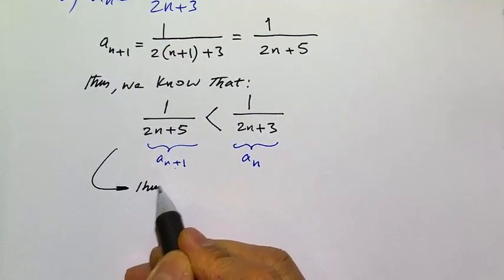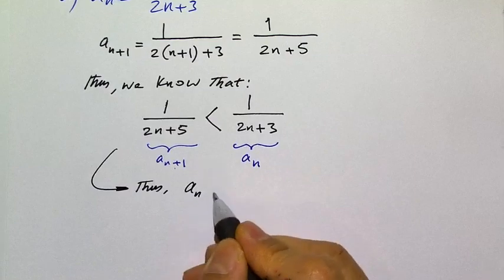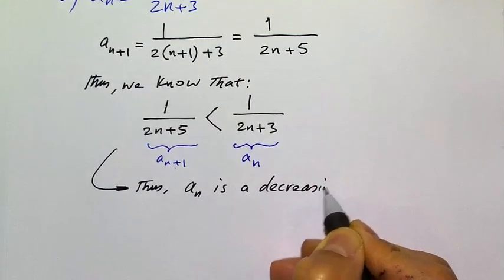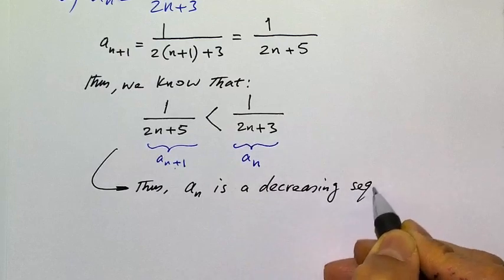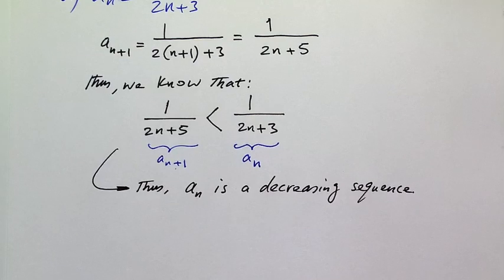Thus, a sub n is a decreasing sequence in this case. Then the question is, is it bounded or not? Well, let's see.